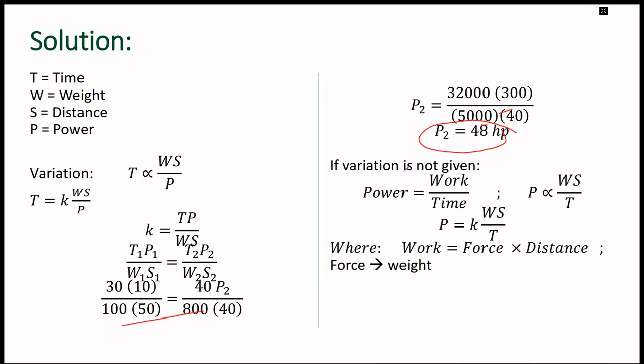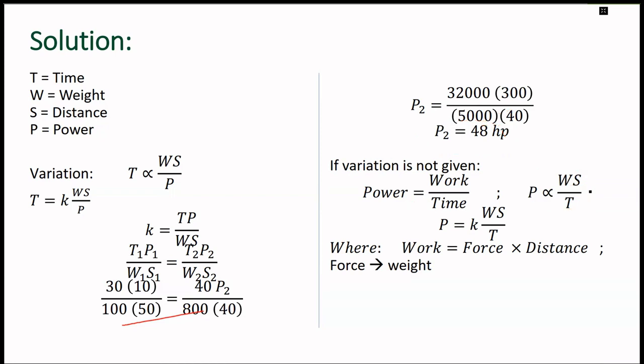If the variation is not given in the problem, we already know that power is equal to work with respect to time. So power varies directly with the weight and the distance traveled divided by the time.